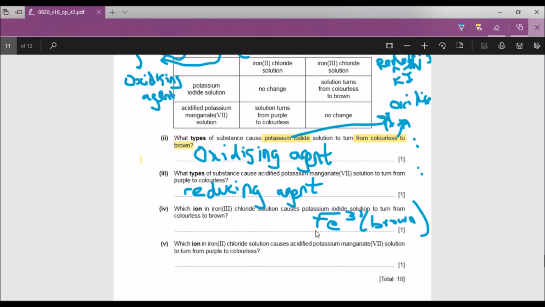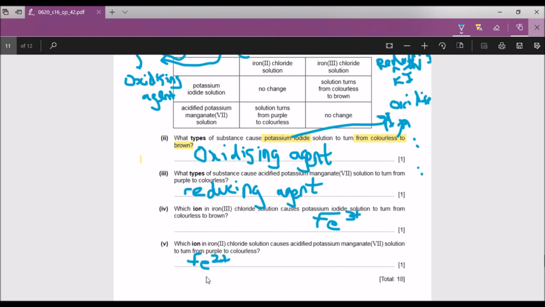It's just a 1 mark question. I guess my explanation was not that great, but it's just Fe3+ because that's the only ion that affects iodine in that case. And the bottom one, the iron 2 chloride, it's just Fe2+ again, because chloride plays no role in this.